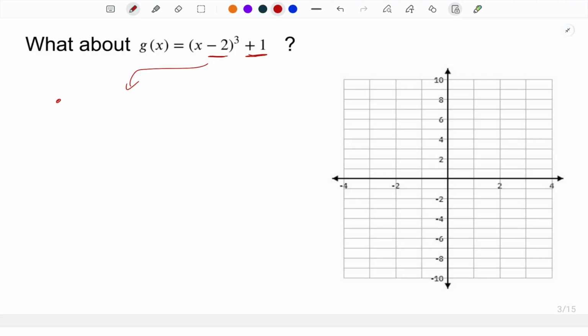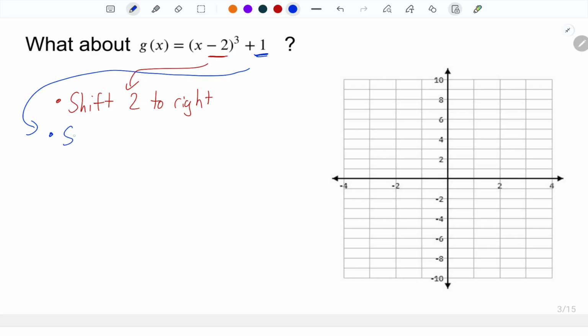In this case, we're subtracting, and remember, with horizontal transformations, usually it's the opposite. So -2 is going to be a shift 2 to the right. And for those transformations outside the function, the transformations that occur after you cube, that's going to be a vertical transformation. So that's going to be a shift 1 upwards.